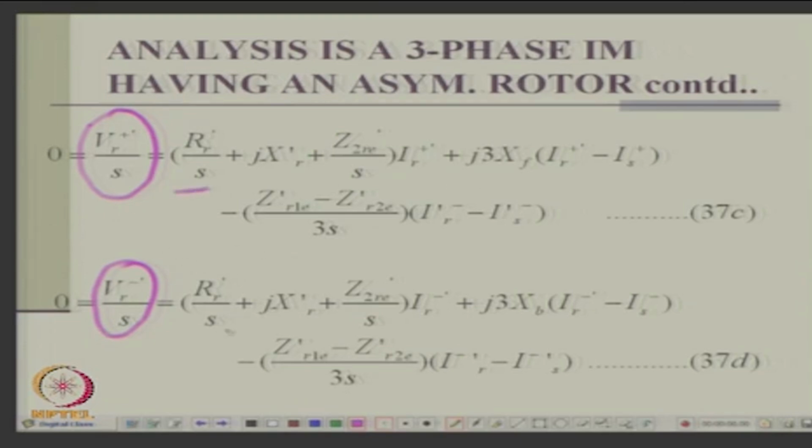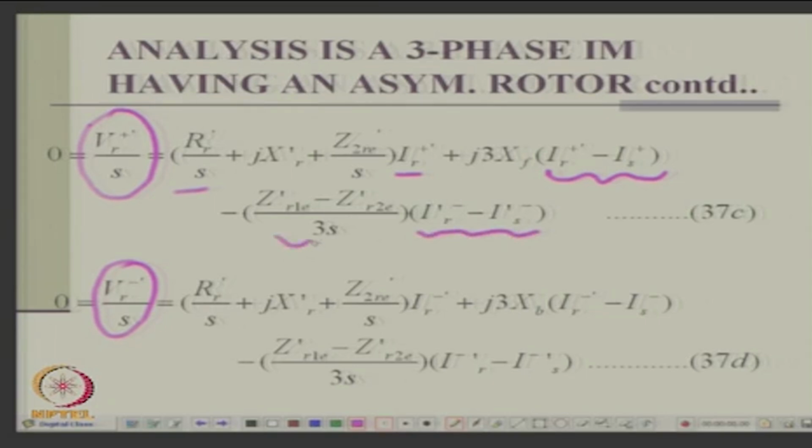What do you observe by this equation? This is the equation we get by applying symmetrical components. What you observe here is that the rotor positive sequence will have its own positive sequence current plus a coupling between IR plus and IS plus, then also IR minus and IS minus.